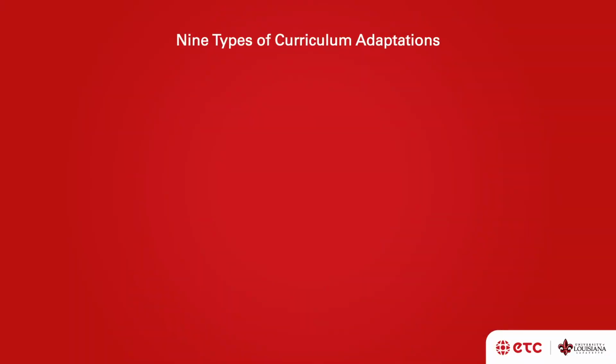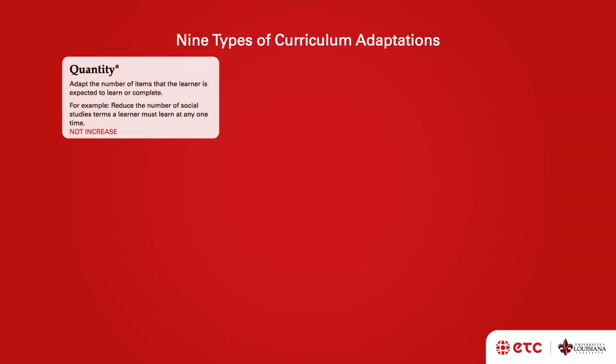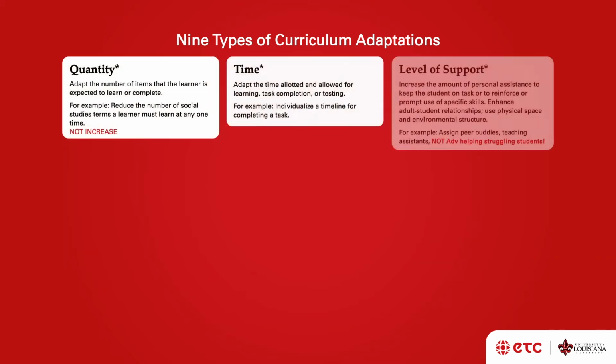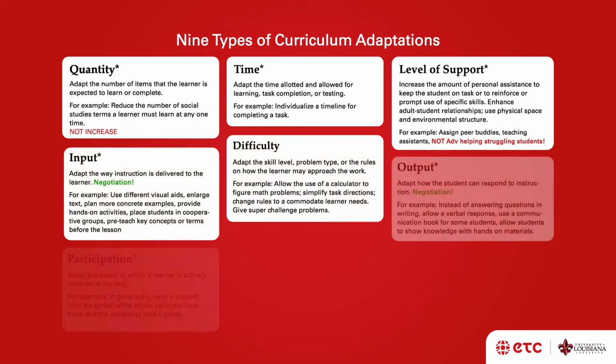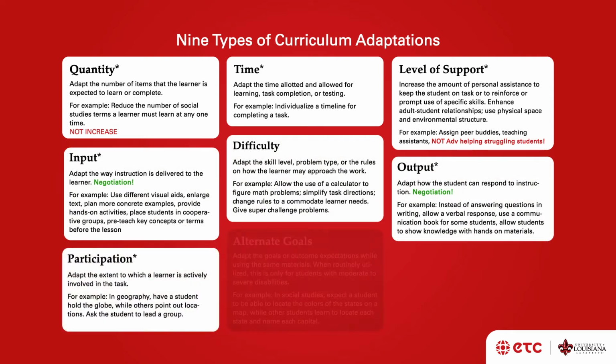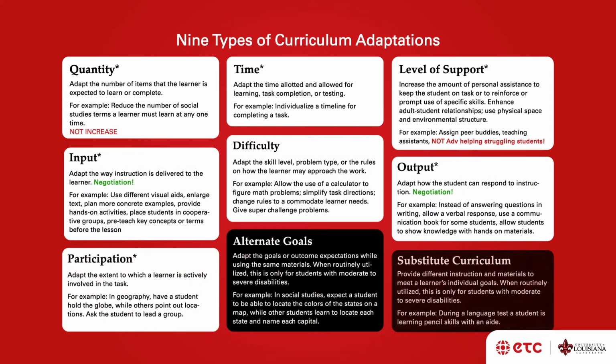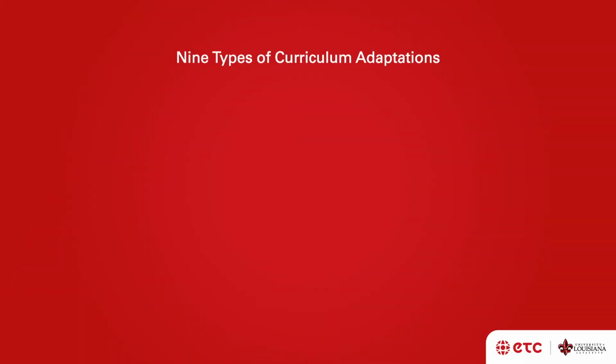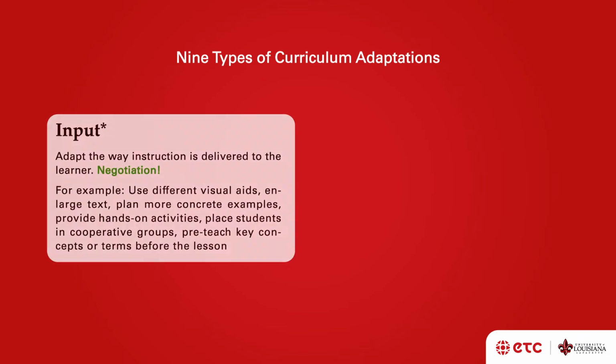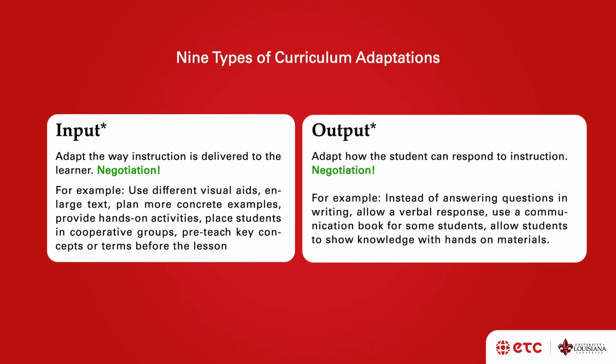So there are really 9 types of curriculum adaptations you can make. You can change the quantity, the time, the level of support, input difficulty, output participation. If you have alternate goals or substitute curriculum, you must have that little piece of paper that says you can do those because those are modifications. In terms of the input and output, those are really negotiation.